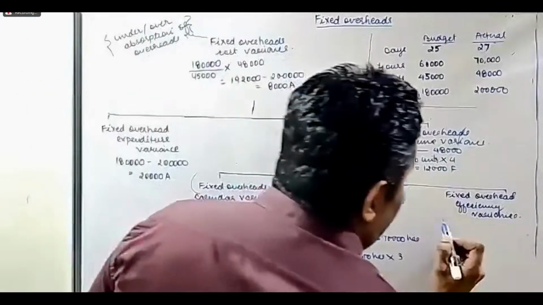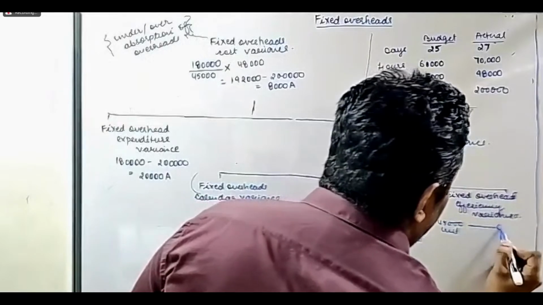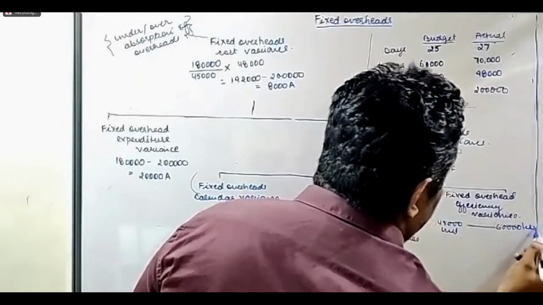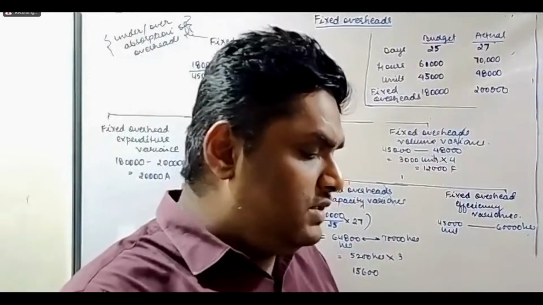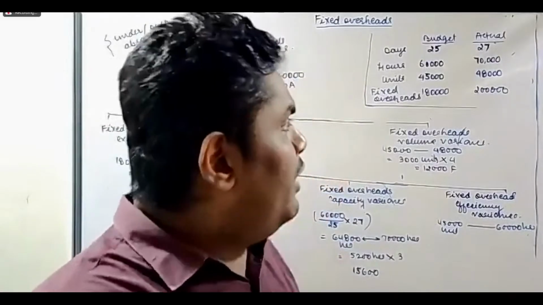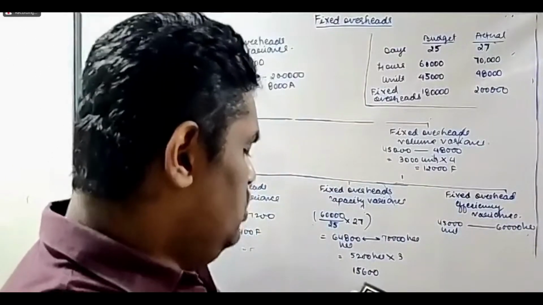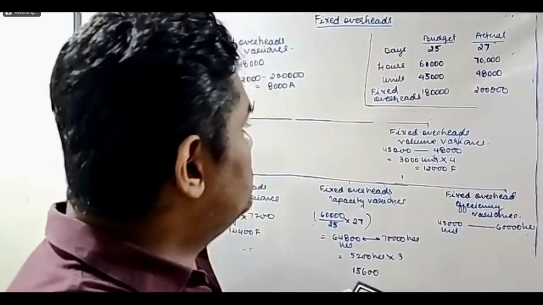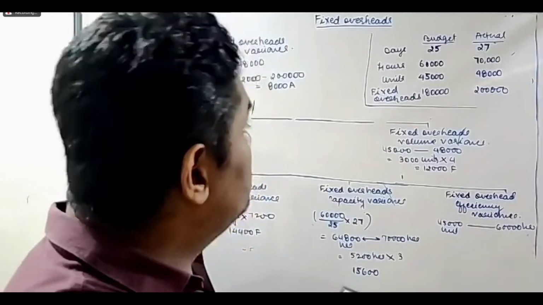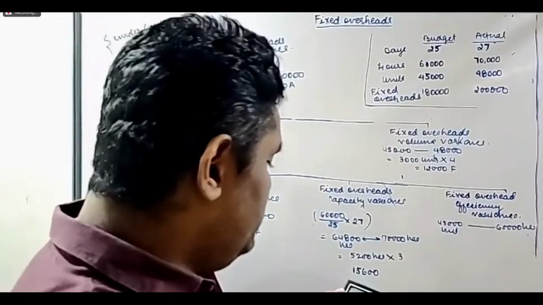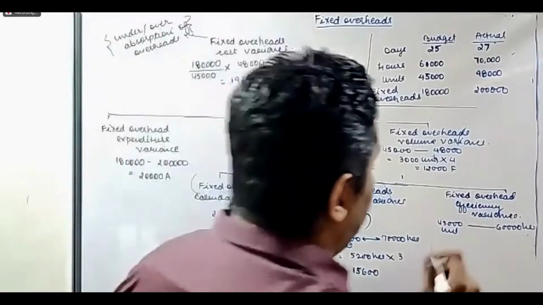Now further, when talking about efficiency, 45,000 units in 60,000 hours. It means one unit will take how much hours? 1.3333 hours. So for 48,000 units, how much hours? 60,000 hours for 45,000 units. So for 48,000 units, how much hours? 64,000 hours.